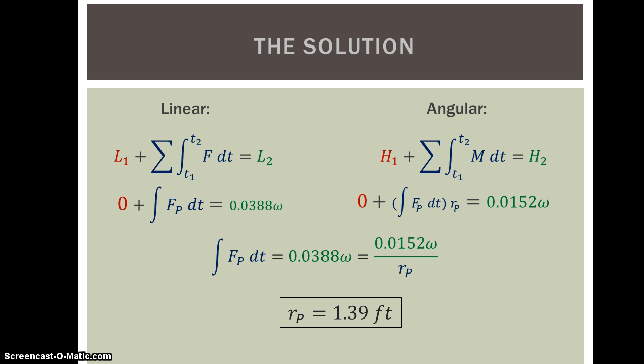Relating these two, we can see that both sides have an integration of force at P, with the linear side just having an integration of force at P with respect to time, whereas the angular includes the moment arm that force at P is acting at with respect to A. And so when we put these two equations together, solving for R of P, we find that R of P ends up being 1.39 feet.